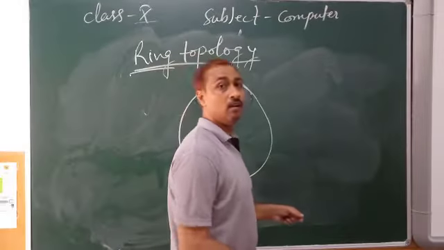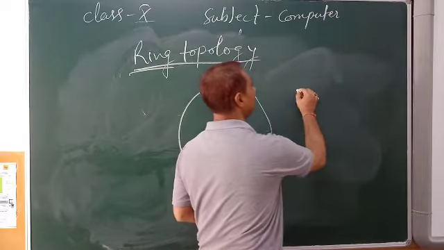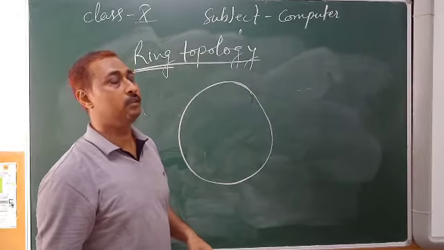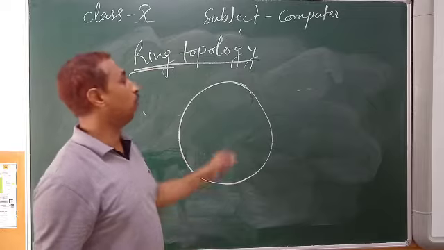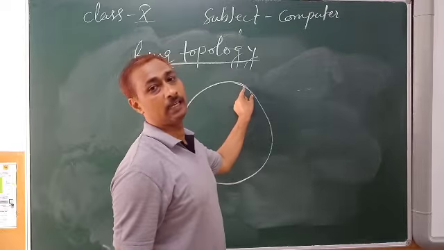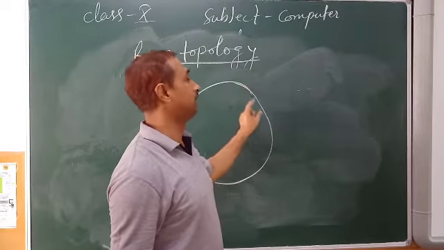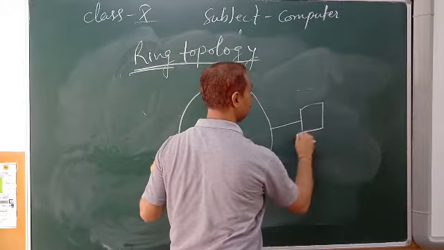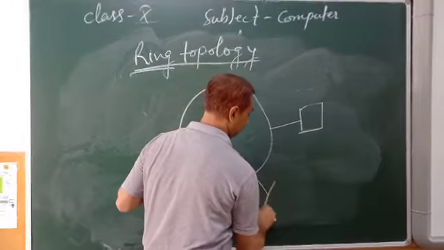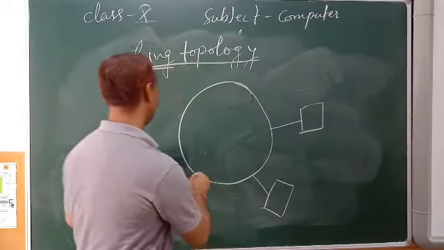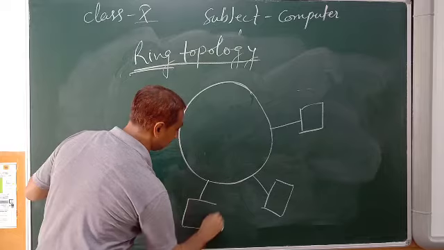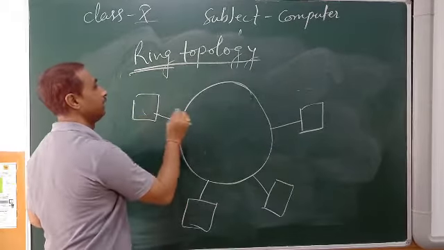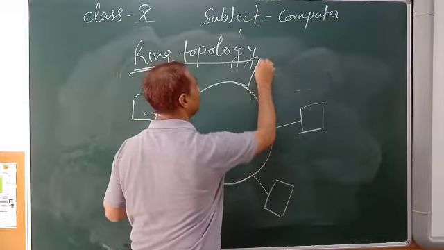The backbone of the bus topology becomes a circle. Both ends are joined together to form this circle, and the computers are connected like this.